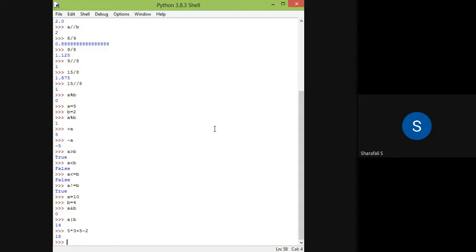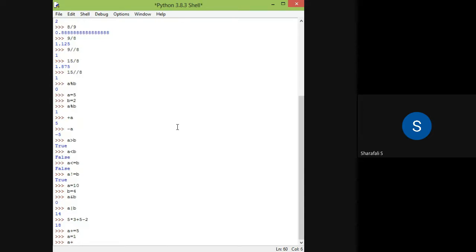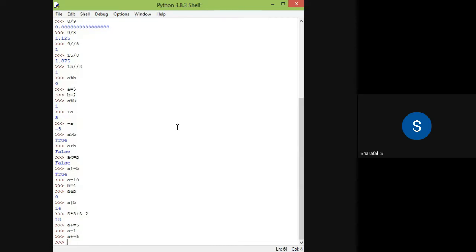Now you can do the assignment operation. So for example, if I write a plus equal to 5, which assignment operation I am having here.